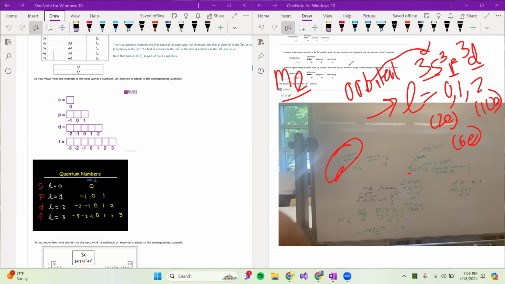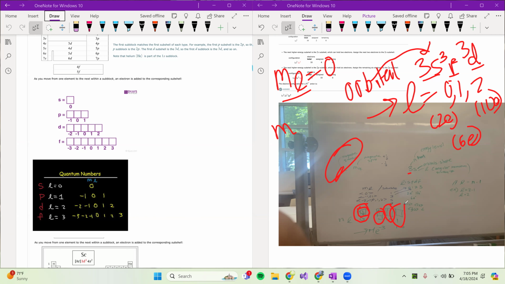For example, for S, the magnetic quantum number will always be 0, denoted by having just that one block that the electrons can exist in. But for P, there are 3 magnetic quantum numbers: -1 here, 0 here, and 1 here.